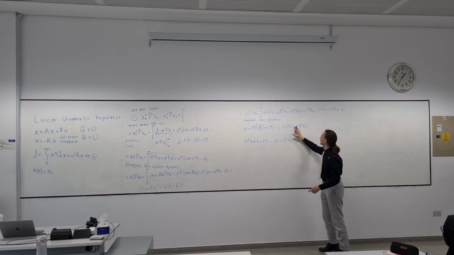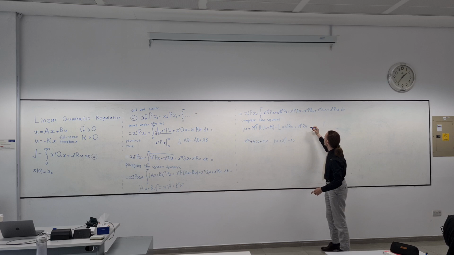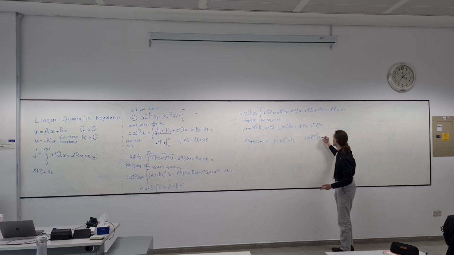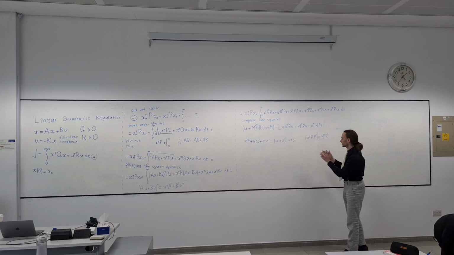Okay, I can expand it. So let's see. The third term is U transpose RM, but if we transpose U transpose RM, as it's a scalar, it will be the same. Yeah. And we assume R to be symmetric.